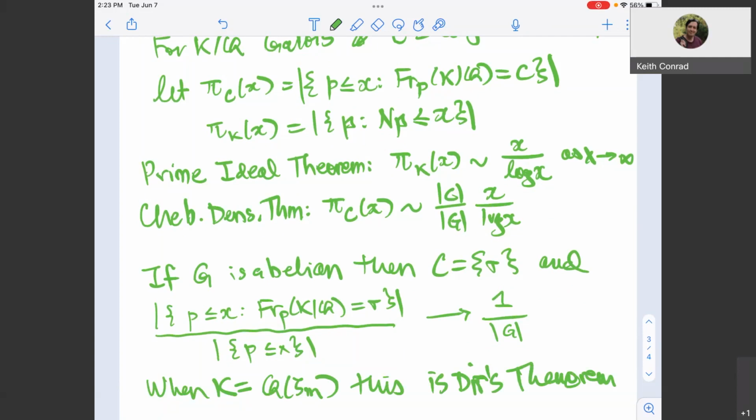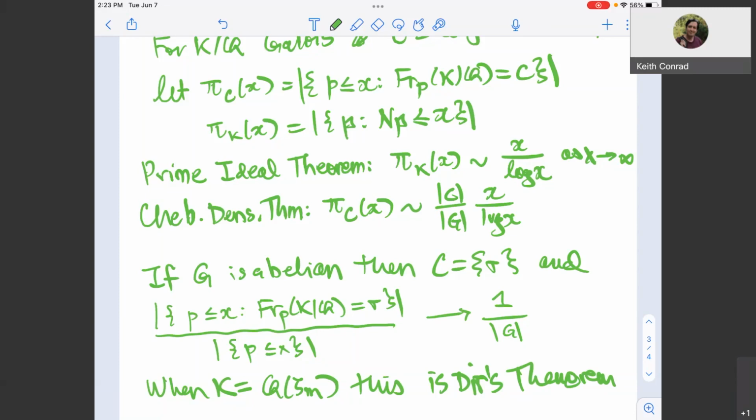Okay. Now, in order to prove the Chebotarev density theorem, Chebotarev himself formulated it exactly in the context that I've been discussing, just for Galois extensions of Q. But you can generalize the formulation for Galois extensions of number fields, where the base field doesn't have to be Q. Someone asked about this last time.